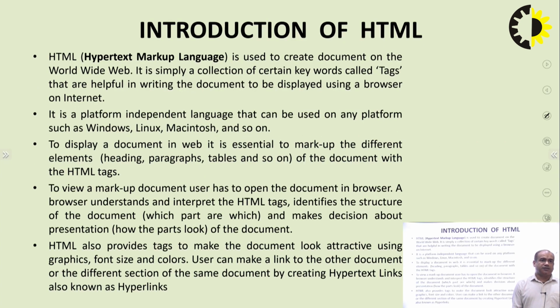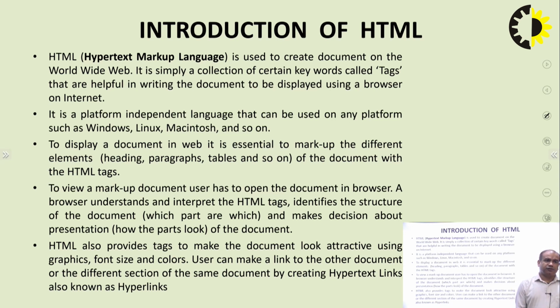So HTML is used to create documents on the World Wide Web. It is simply a collection of certain keywords called tags that are helpful in writing the document to be displayed using a browser over the internet.